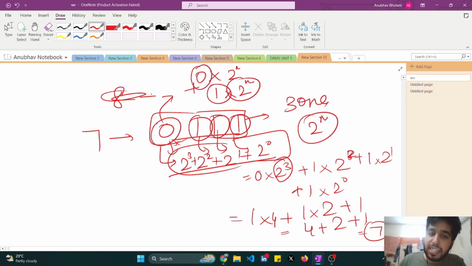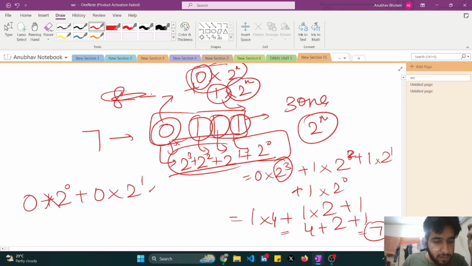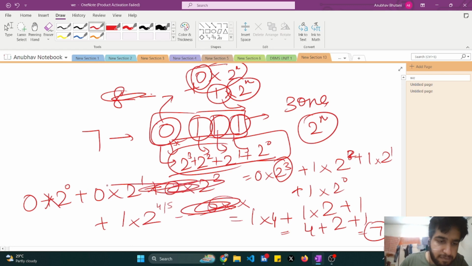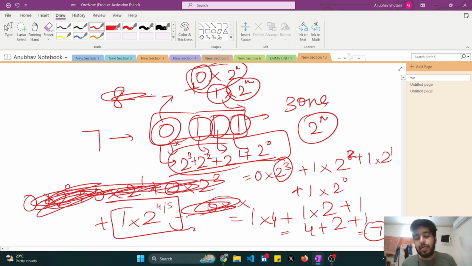Suppose all the values except just one value are 0. Then the overall answer would contain only one value, that is 2 raised to power something, maybe 4, 5, something. All the other values are 0, so they become null. This is the only one, 2 raised to power something.